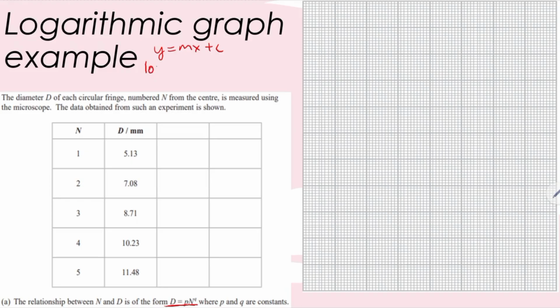So log d equals log p n^q. And it still isn't in the form of mx plus c, so we need to use log rules to change that into mx plus c. So if you do that, we will get q log n plus log p.